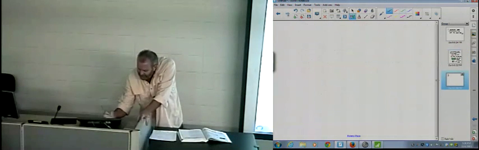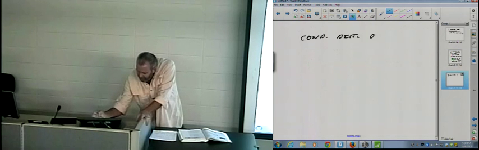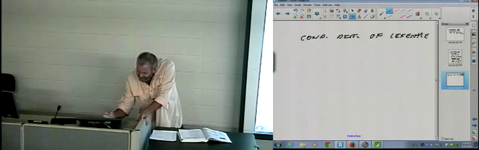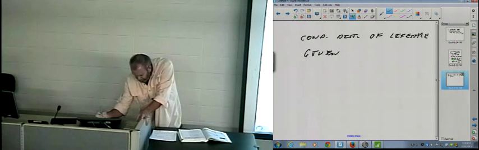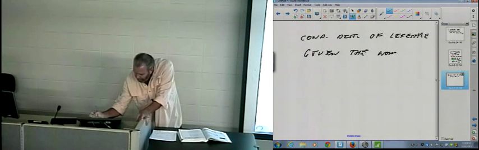I want the conditional distribution of lifestyle given the women with no college.